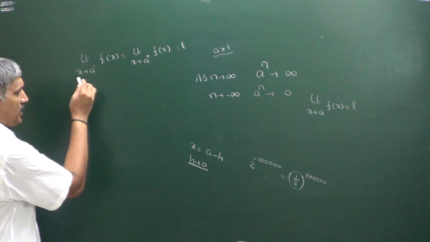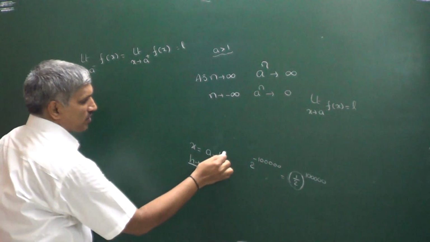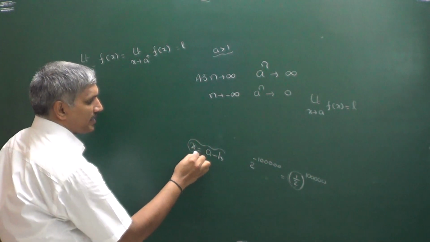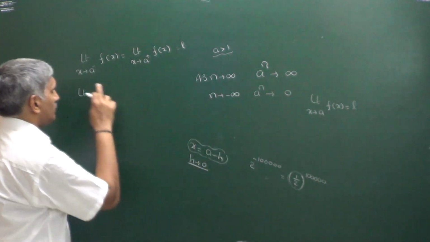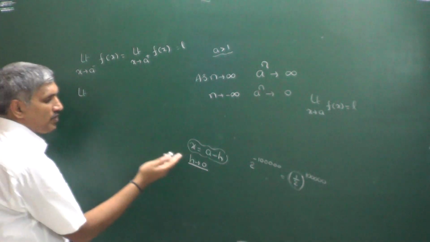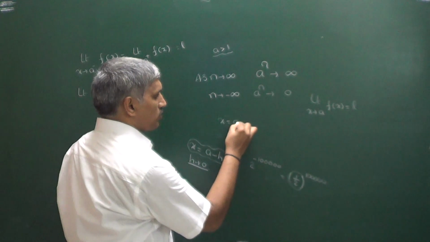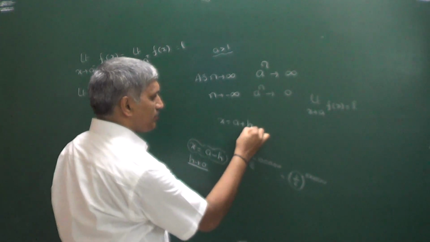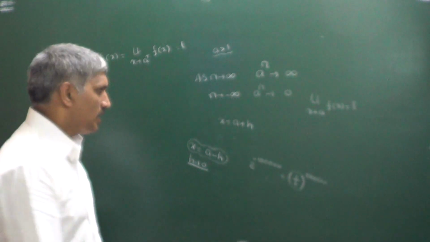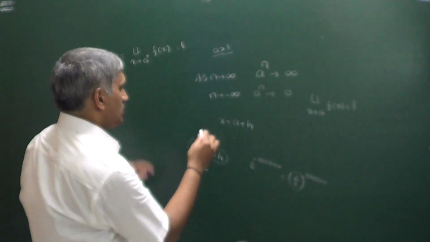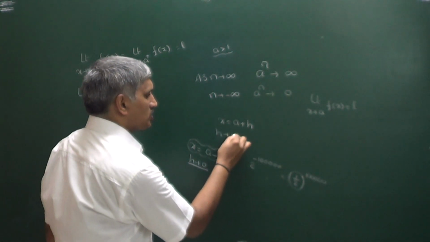That's why wherever x is there, in place of x we can replace a minus h, and in place of x tends to a minus, we can write h tends to 0. In a similar way, x equal to a plus, you can replace with a plus h, and x tends to a plus, we can write as h tends to 0.